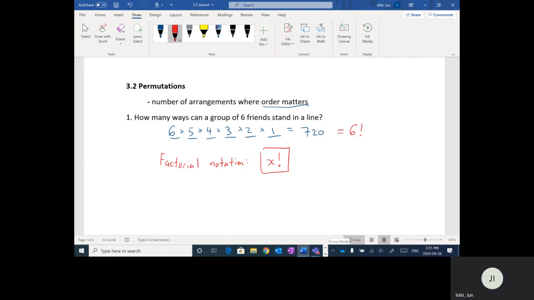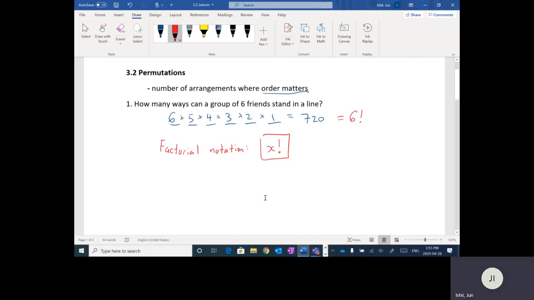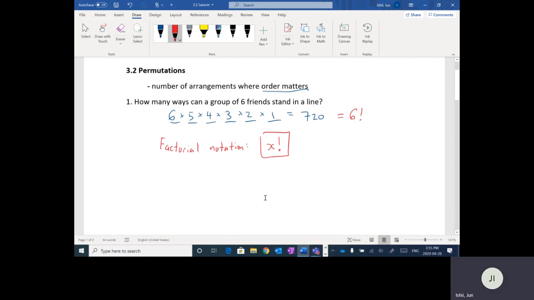All right, cool. Just to hammer this in, let's say I want 4 factorial. 4 factorial is going to be 4 times 3 times 2 times 1. So that would be 12 times 2, which is 24. Let me just pull up the calculator here.